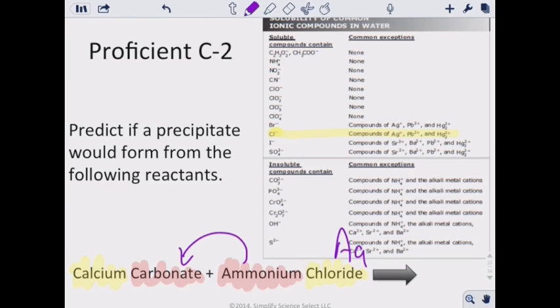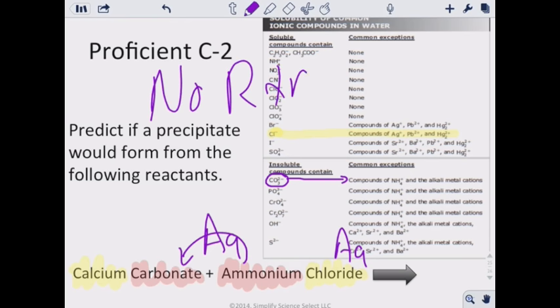We have carbonate right here in the insoluble list, but when you look at the exceptions, compounds of ammonium will be an exception to being insoluble, so this is soluble as well. It's aqueous too. Therefore no reaction has occurred because there's no precipitate.